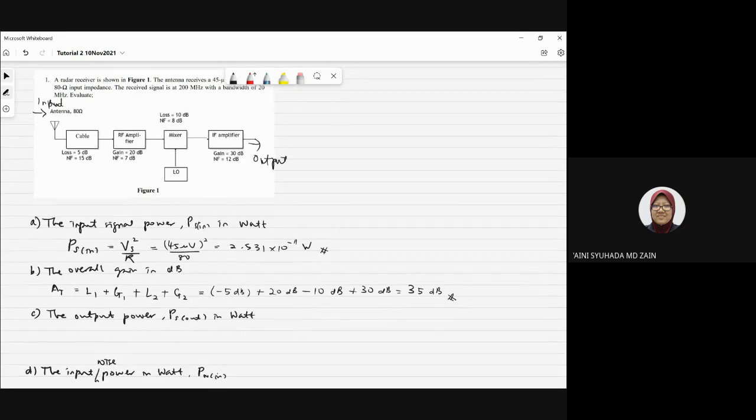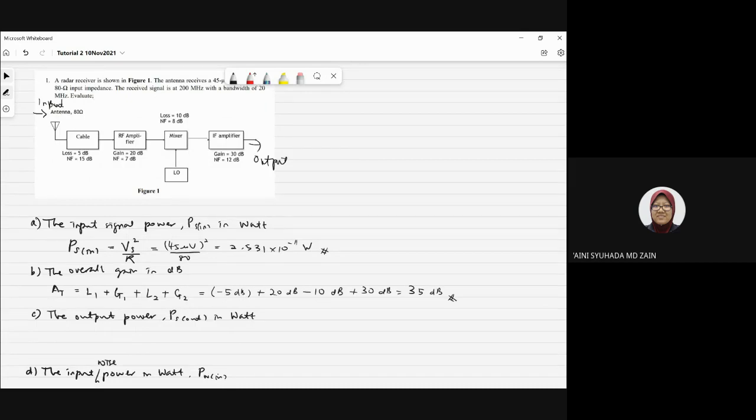Then the next question asks you about the output power, PS out in watt.